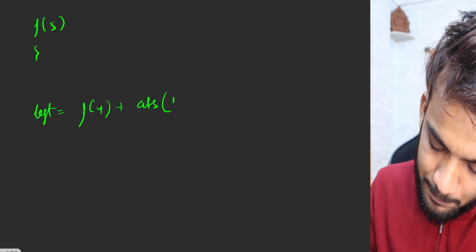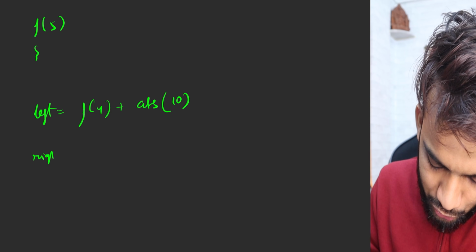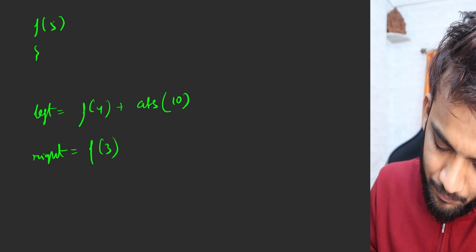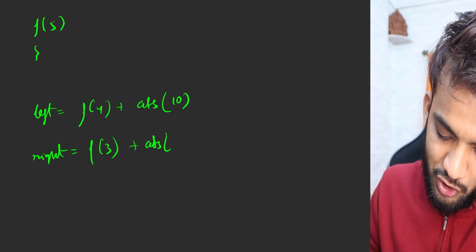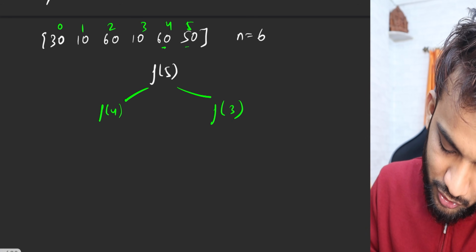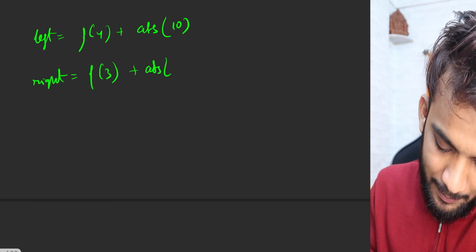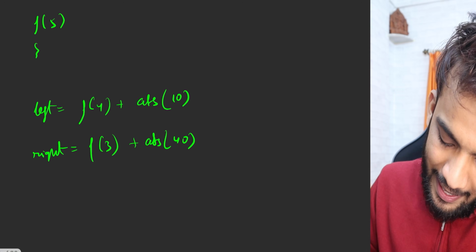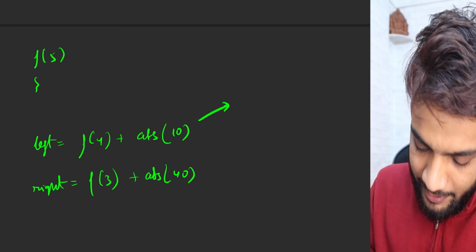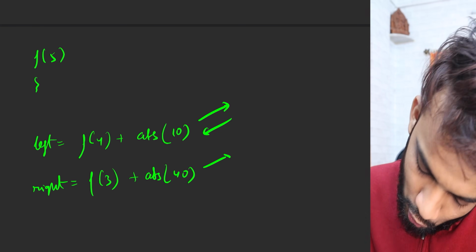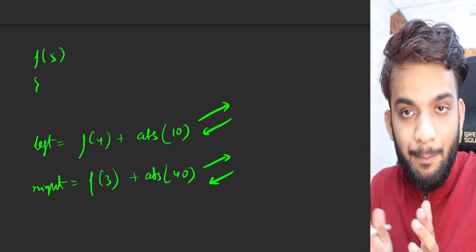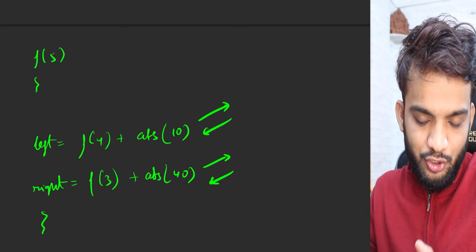There's this height of absolute 10. And then there's the recursion of right, which is f of 3 plus again a height difference of these couple of guys, which is 3 and 5. 10 minus 50 is 40. So you can be like absolute of 40. Now at first this recursion will go and come back, and then this will go and come back. Then you'll return the minimum of these. Alright, this is how the recursion is actually working.